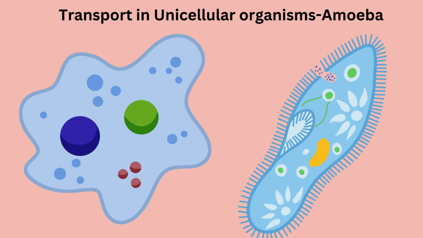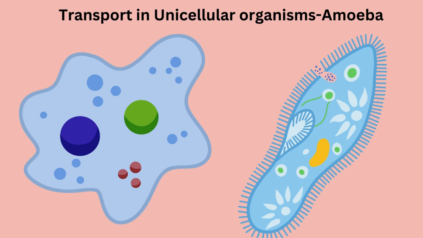In paramecium, which is another unicellular organism that does not change its shape, the continuous circular movement of the cytoplasm brings about the distribution of materials such as food, oxygen, carbon dioxide, and others within its body.